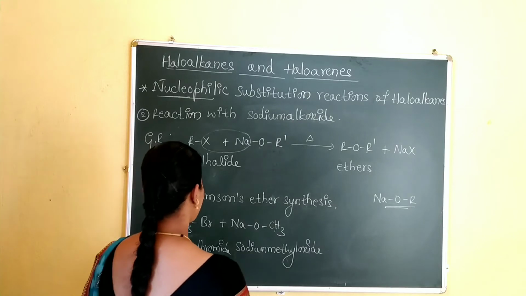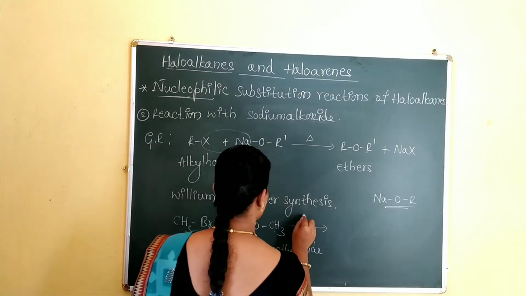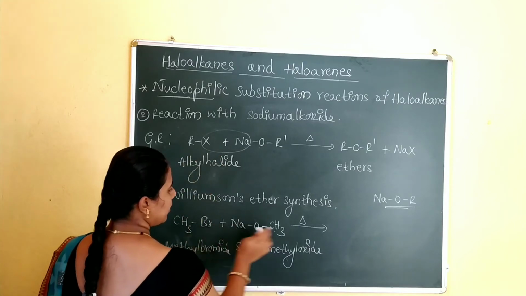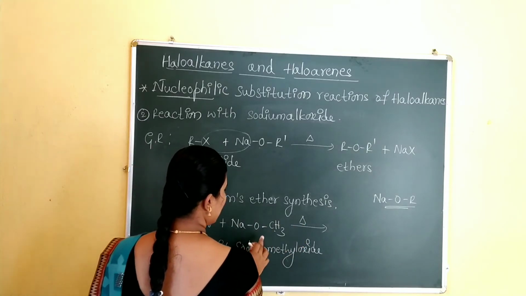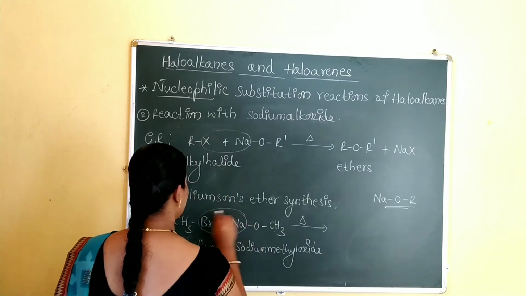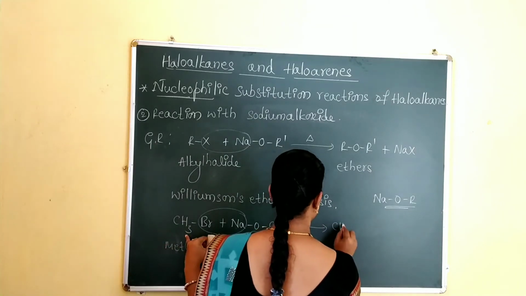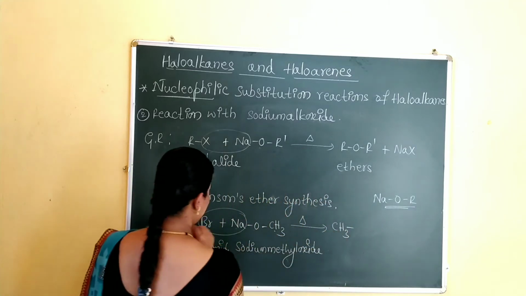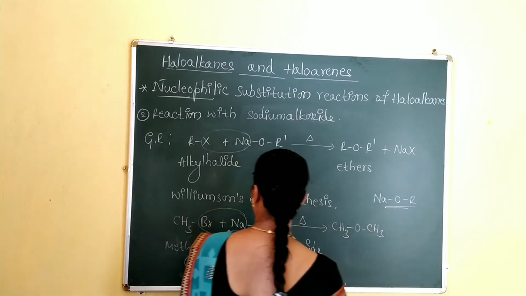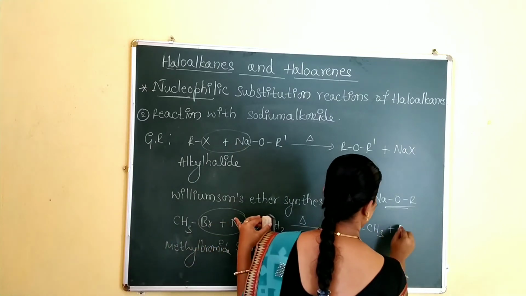See here, when an alkyl halide is heated with sodium alkoxide, sodium methyl oxide, then ethers are formed. CH3OCH3 plus NaBr.